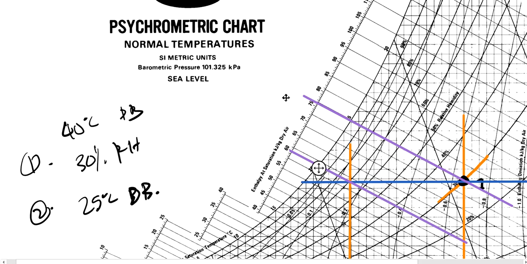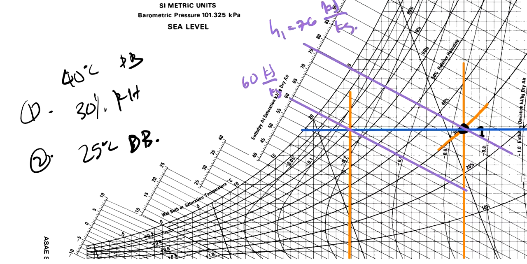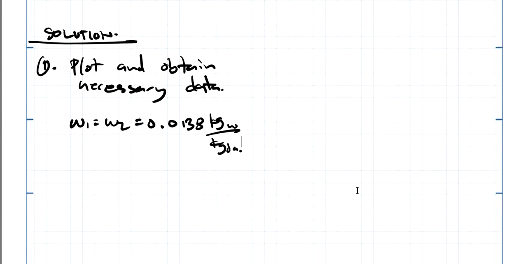H1 is 76 kilojoules per kilogram, and this one is, let's say, 60 kilojoules per kilogram.